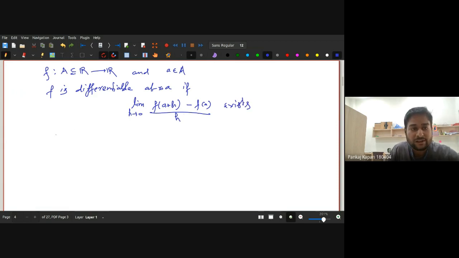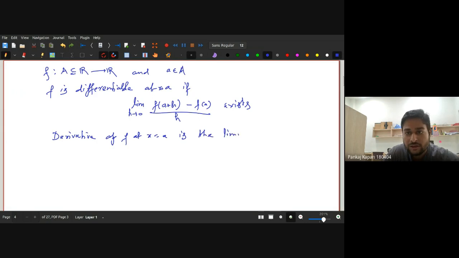And if this limit exists, the limit is called the derivative of f at a. So derivative of f at x equal to a is the limit of f of a plus h minus f of a divided by h.